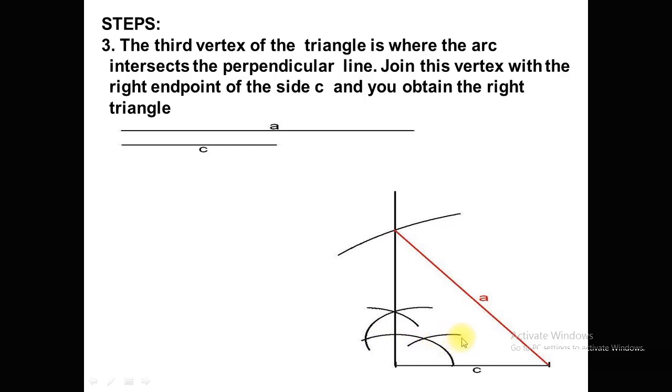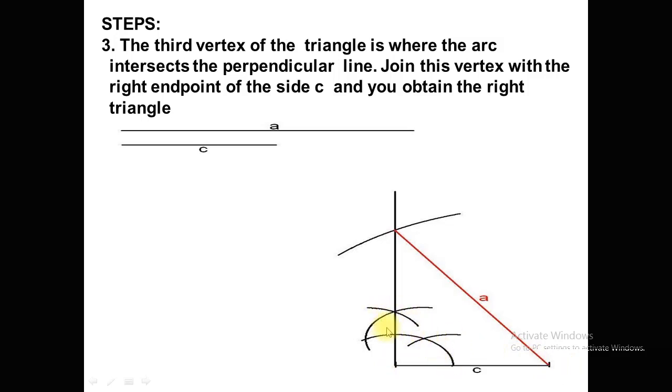And now dear students, note that for the construction of a right angle triangle, as I have already told you, we have three items. One is the 90 degree angle, which will be given. The length of the hypotenuse is known, and the length of the other leg is known. So consider the length of the other leg as a base, and then construct a 90 degree angle at this point or at this point.